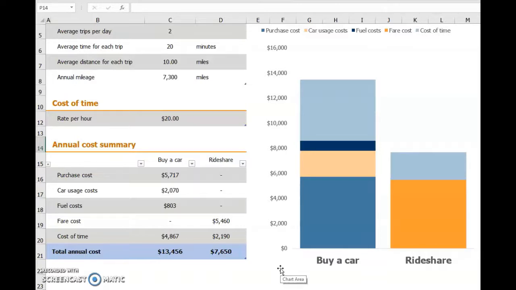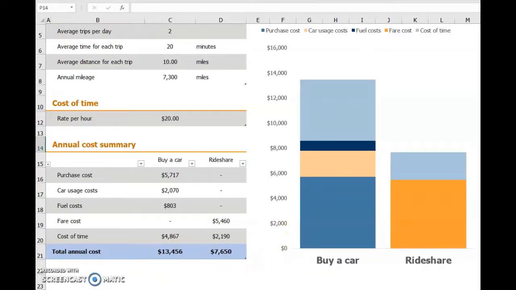So it might be obvious to you that ride sharing for a while until you can actually afford that $25,000 car is probably the best decision. Or maybe taking some time and looking around at a car that's maybe about half the cost. And then these figures might come a little bit closer.